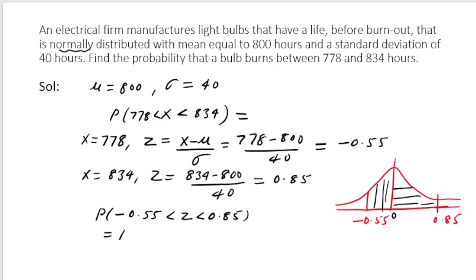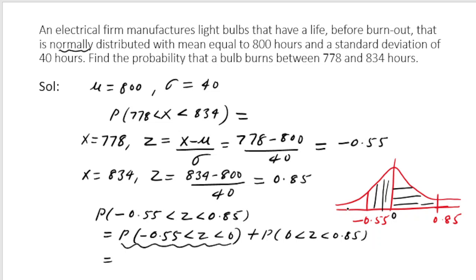So I am writing probability for minus 0.55 less than z less than 0 plus probability for 0 less than z less than 0.85. The area between minus 0.55 and 0 is the same as the area between 0 and 0.55. So this is probability for 0 less than z less than 0.55 plus probability for 0 less than z less than 0.85.